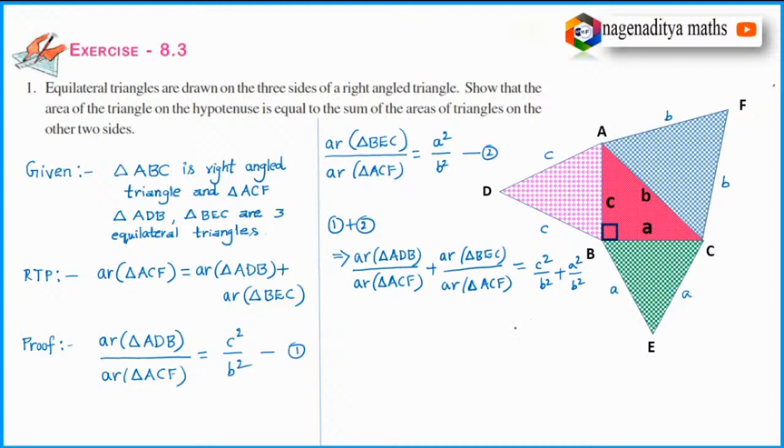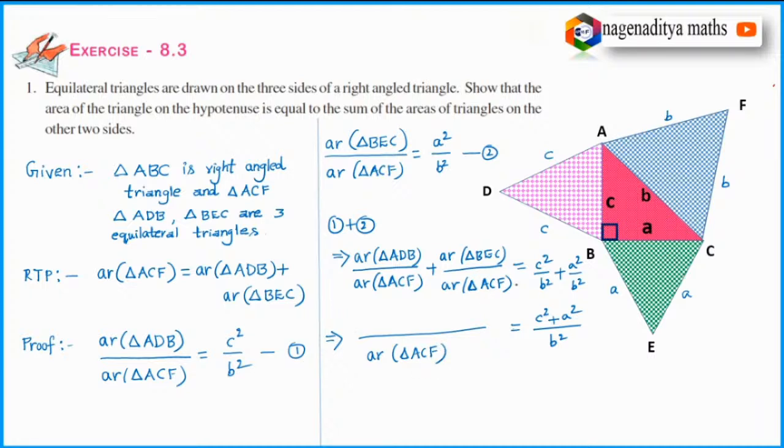Okay. So now I am going to take LCM of B square and B square, which is B square, and here B square one time 1 into C square, and B square one time 1 into A square. Okay. So this implies here the LCM is area of triangle ACF.